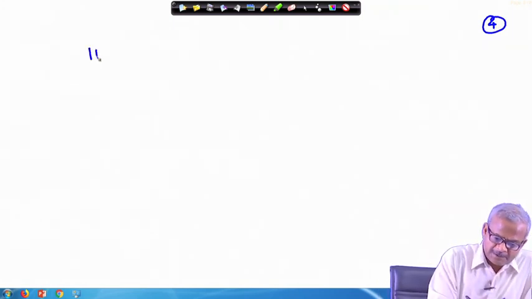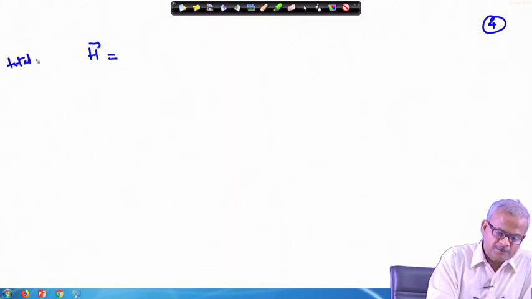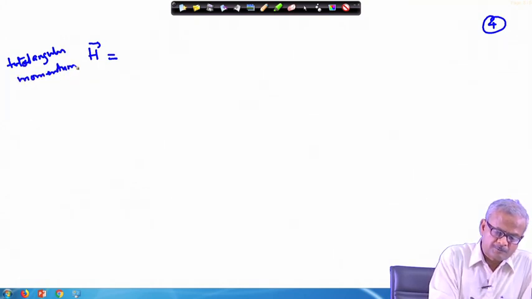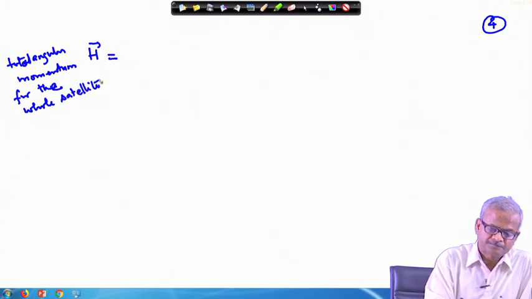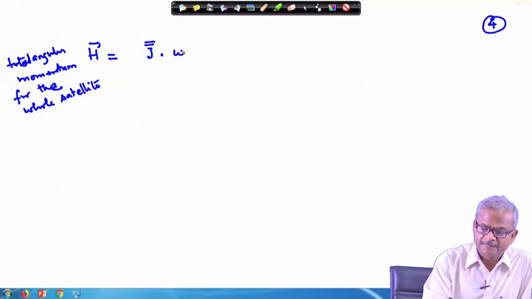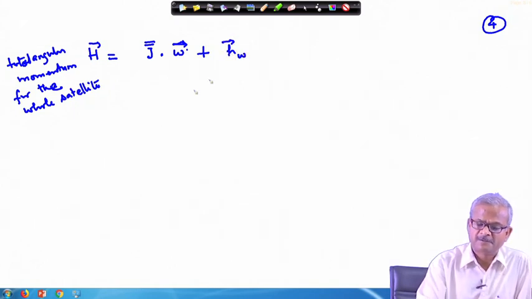So, let us again write, this is the total angular momentum for the whole satellite. So, from our previous discussion, if the frame is massless, we can write this in terms of h wheel.